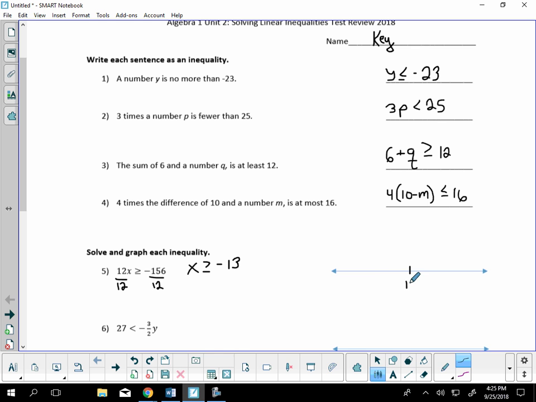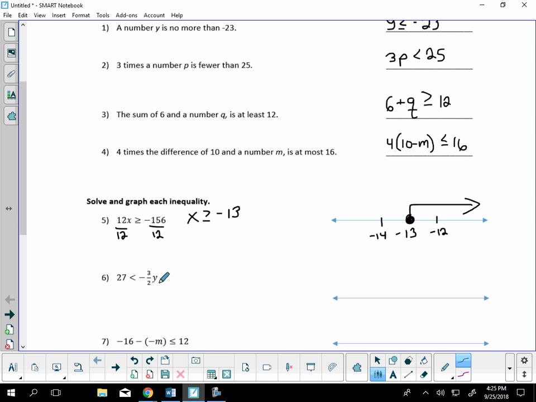Put negative 13 in the middle. Do something smaller. Do something larger. And that's going to be a closed dot at negative 13. Shaded to the right. I don't flip the direction because I'm dividing by a positive 12.